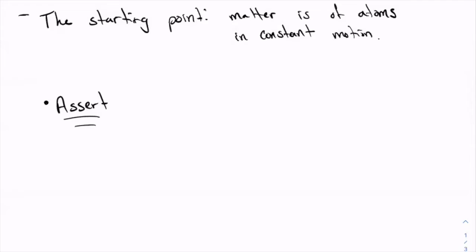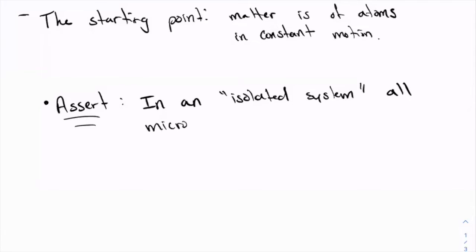We will assert that in an isolated system, all microstates are equally probable. To which you should say, what?